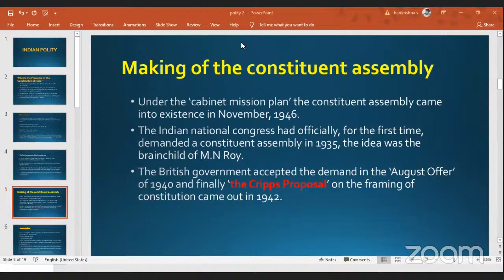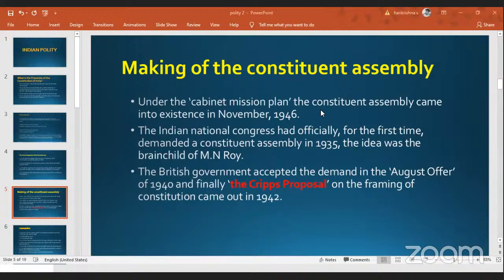As we discussed in the last class, there are various proposals and various foreign constitutions.